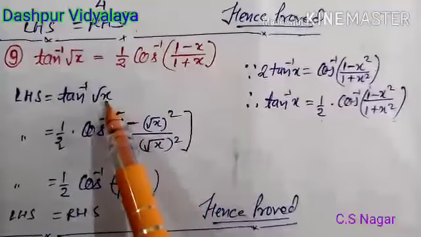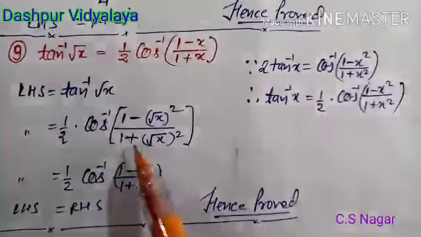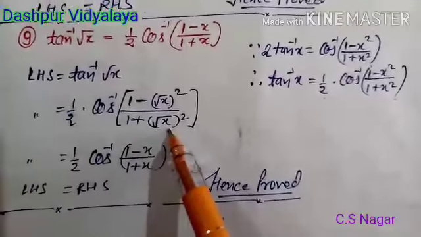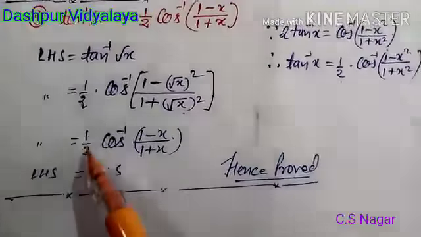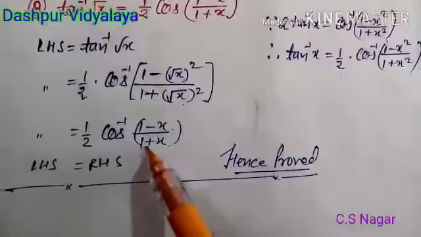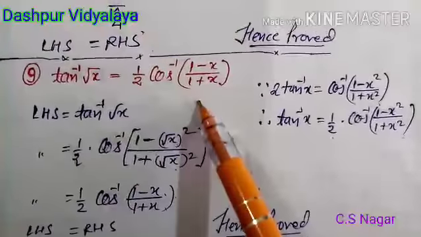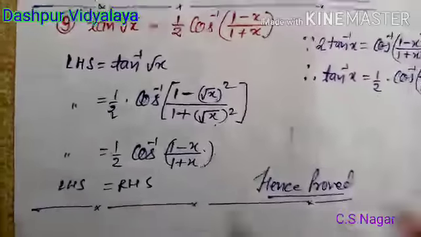Here in place of x, write under root x whole square, and 1 plus under root x whole square. Under root x whole square means only x, so it will be 1 by 2 cos inverse of 1 minus x upon 1 plus x, which is our RHS. So LHS is equal to RHS.